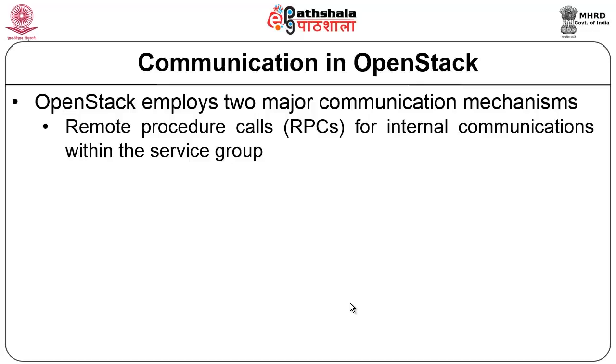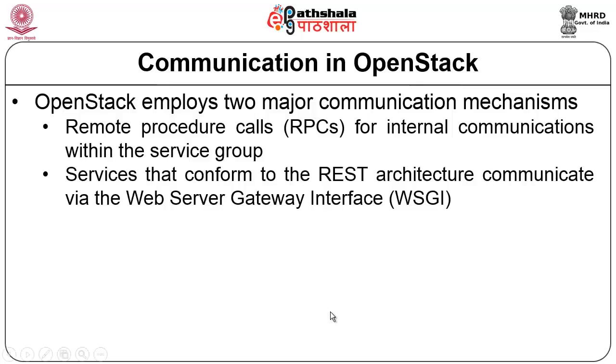OpenStack uses RPC for that mechanism. The other one is dependent on the web service communication architecture, since it is fully REST based. So, it uses web server gateway interface for communication.